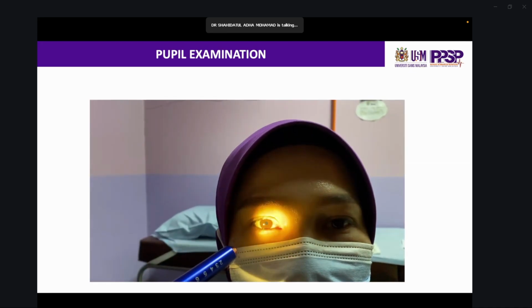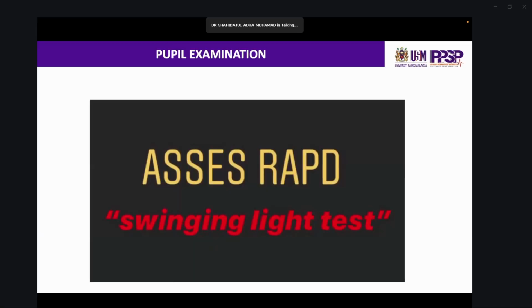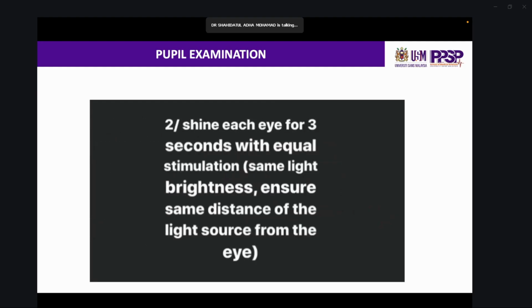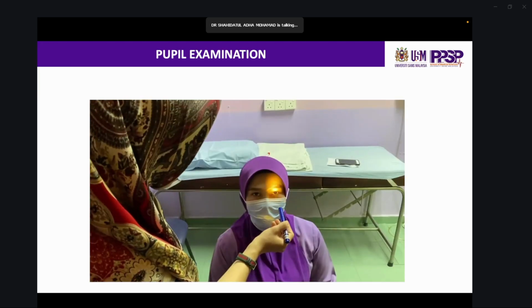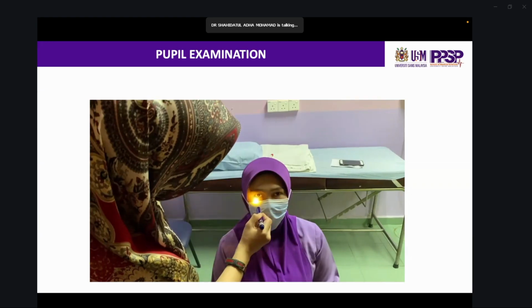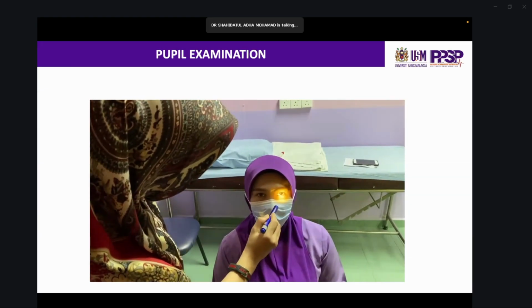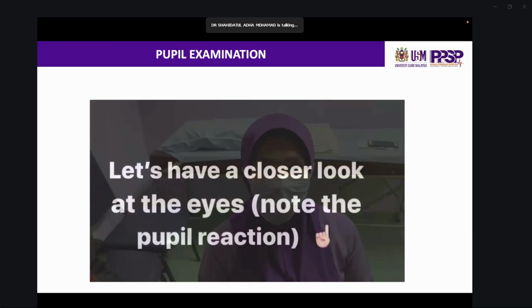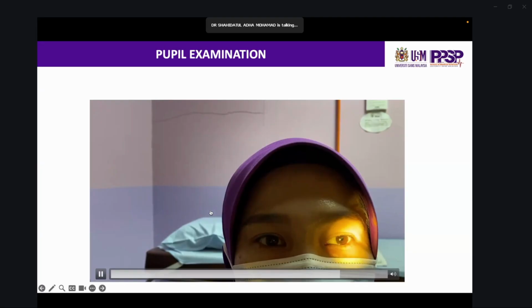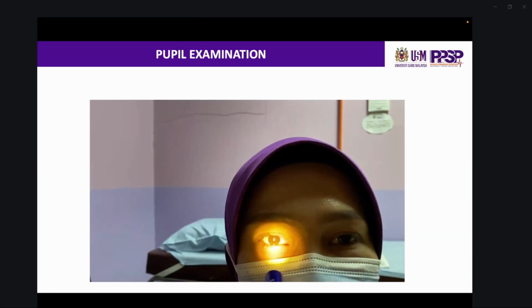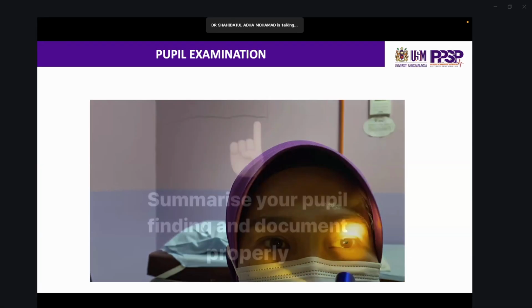So basically, the first one just now, we shine the eye from below or from the front, and then we are comparing right and left. And then after that, we check for the direct reflex. So for direct reflex, we will test from temporal, and then we move on to the other side as well. And the last one here is our APD assessment.